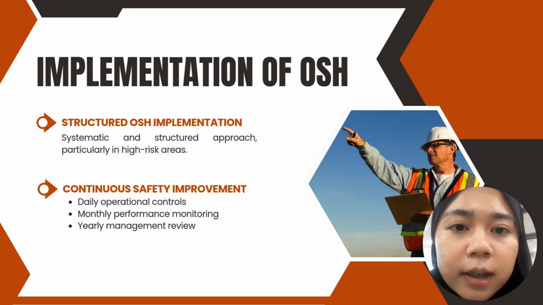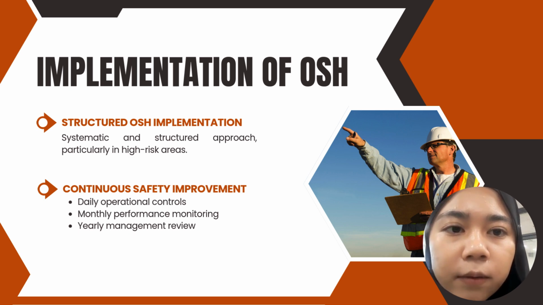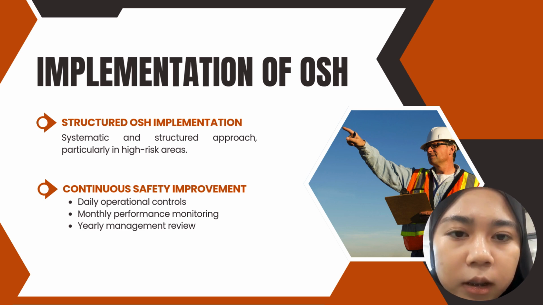Okay, so now let's take a look at the OSH practices implemented inside the B. Braun medical industry. Occupational safety and health, or OSH, refers to the policies, systems, and practices implemented to protect workers from injuries, illnesses, and unsafe working conditions.